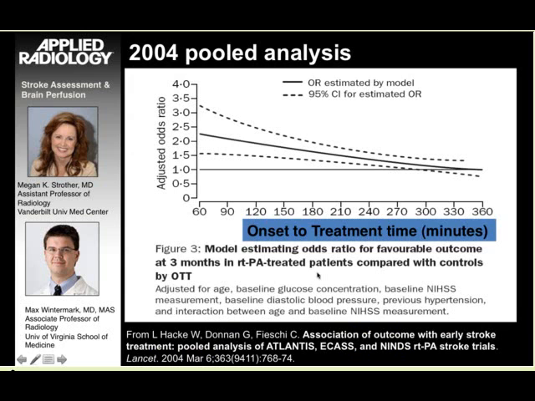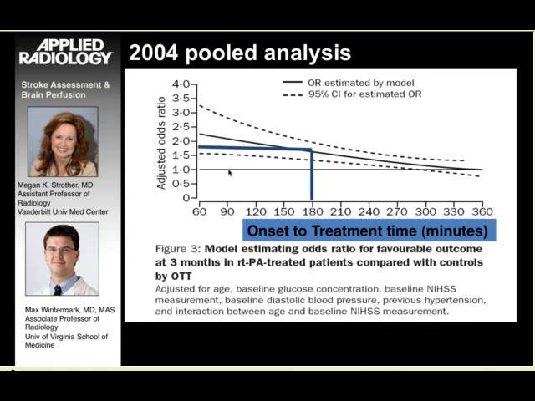Our current treatment paradigms are based on stroke trials conducted over the past 2 decades. This figure summarizes the major intravenous TPA trials performed prior to 2004. On this figure, an odds ratio of 1 corresponds to no benefit over placebo. The 3-hour IV TPA treatment window is drawn from this data, which gives an odds ratio of approximately 1.7.